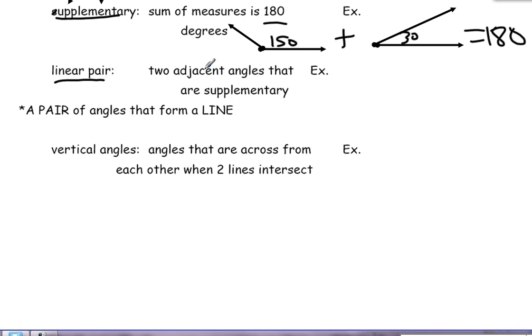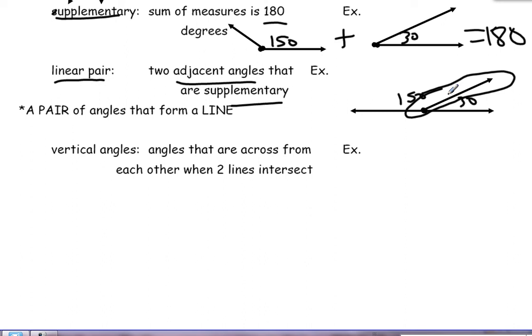But you can have a scenario where the two adjacent angles are supplementary. So you've got this angle, go back to our 30 degree, and then let's extend it and make that 150 degrees here. So you have your 150 here and you have your 30 here. Well, that's going to be a linear pair. That's when you have adjacent angles, so they share a common ray.